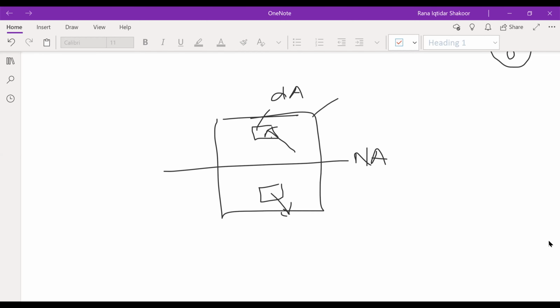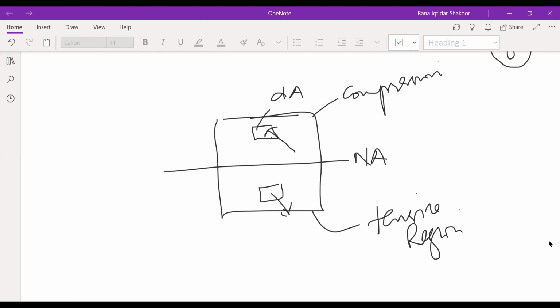So this is basically the compression region, and this is basically the tensile, and this is basically the neutral axis, where you will find no force, resultingly no stress, right? So these are equal and opposite forces, right?